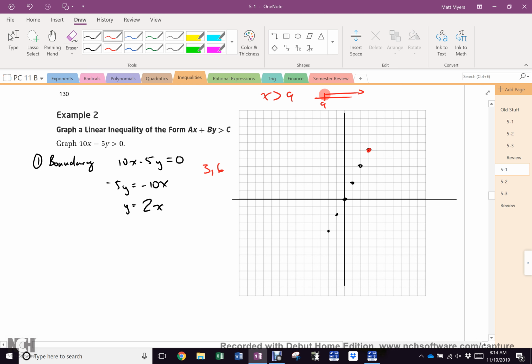So what do we do? We did an open dot, right? Now we can't do an infinity of open dots, can we? That would take forever. So what do you think we do in order to show that this line isn't really part of the solution? What is something we could do to that line? I haven't told you.